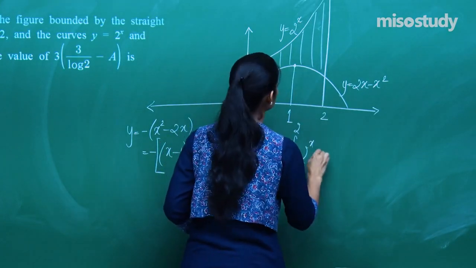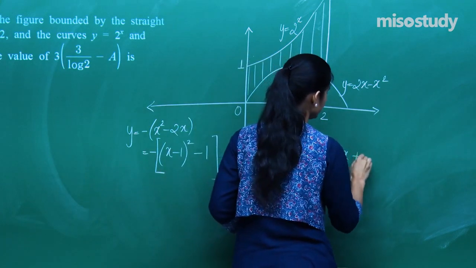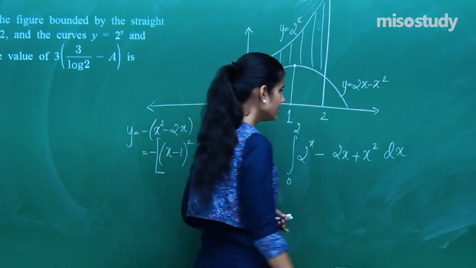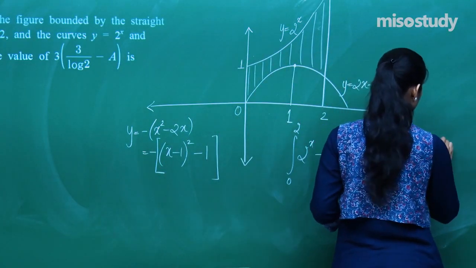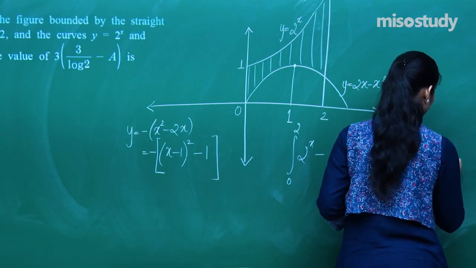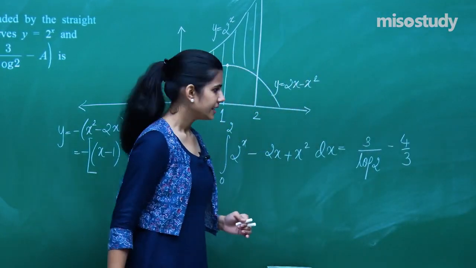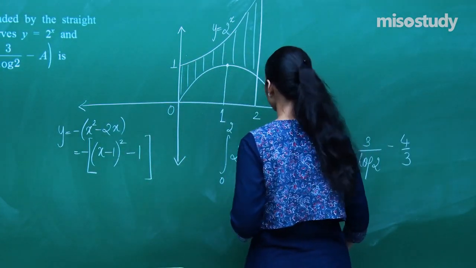So 2 to the power x minus this curve, y is 2x minus x square. When you evaluate this area, it comes out to be 3 by log 2 minus 4 by 3.